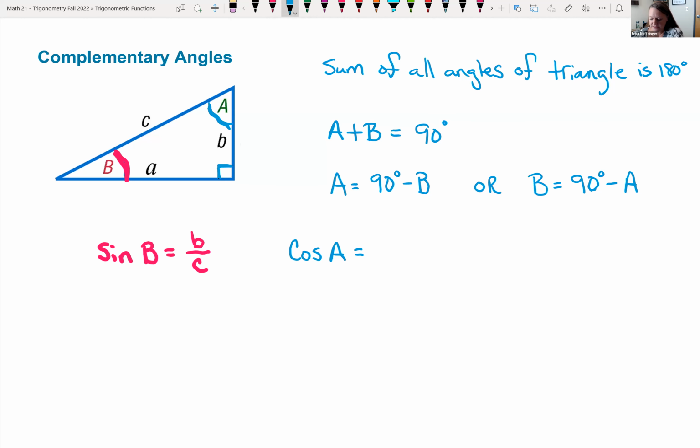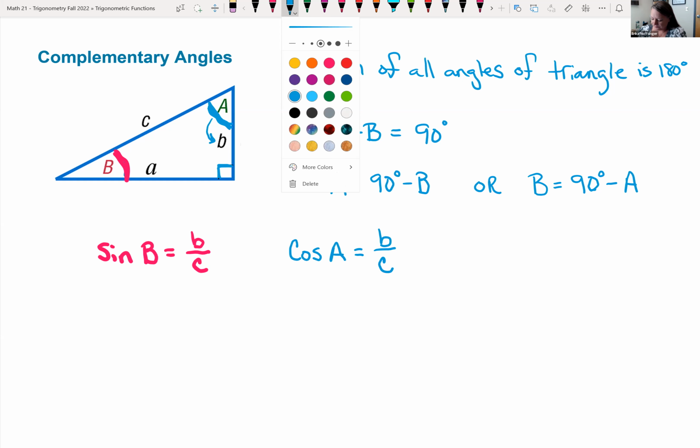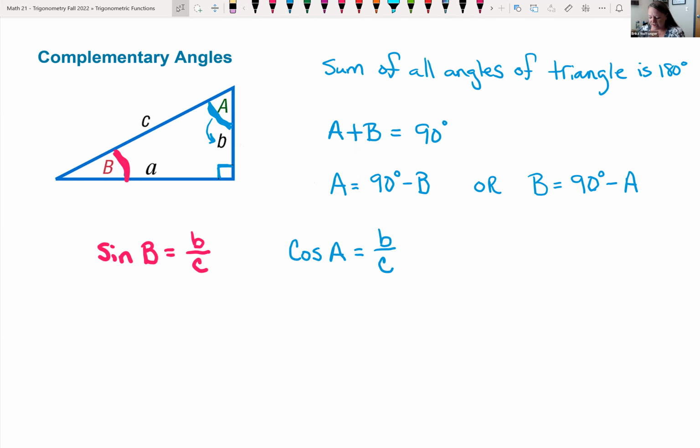So sine B and cosine A, those are called cofunctions of one another. Excuse me, they're equivalent. So we can say that sine B and cosine A are equal, but we can express this a little differently.